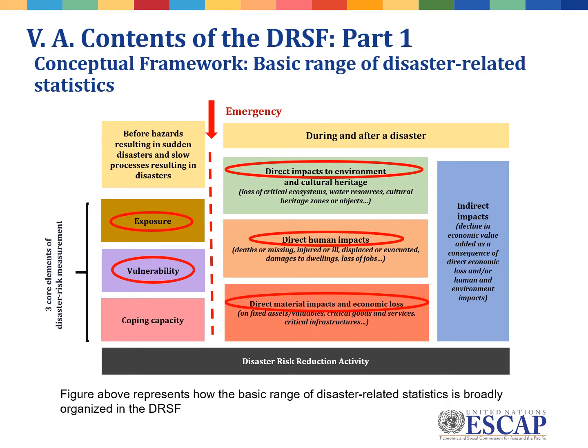So we move on to the contents of the DRSF, which is part one, the conceptual framework. And the figure as shown here represents how the basic range of disaster-related statistics is broadly organized in the DRSF. It consists of the core items that are needed for the measurement of disaster risk reduction before, during, and after disasters.